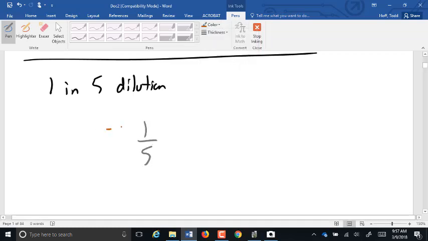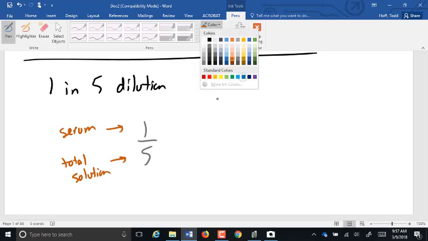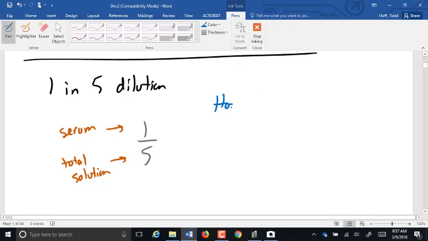We know that 1 represents the part serum, and the 5 represents the parts of total solution. The question is, how many parts of saline would be included in that then?